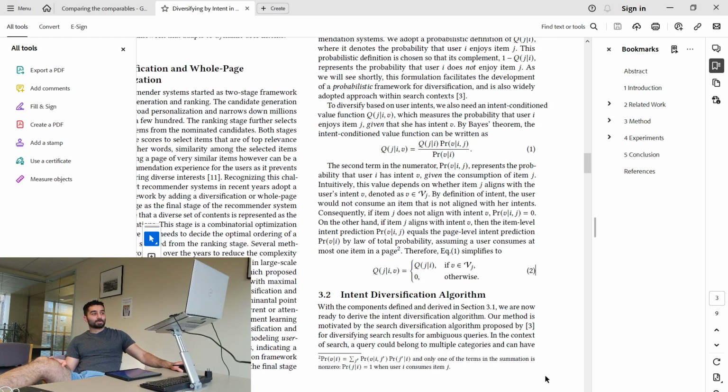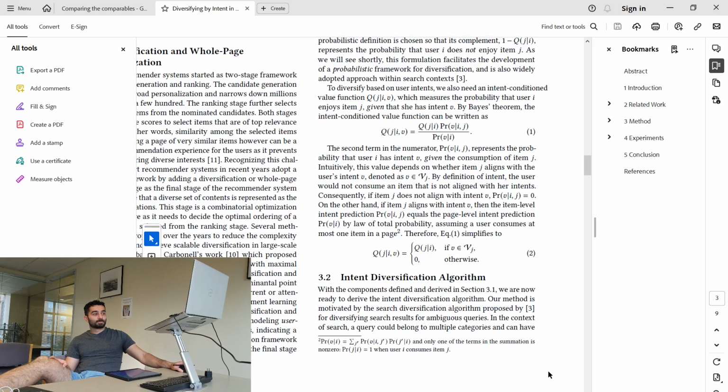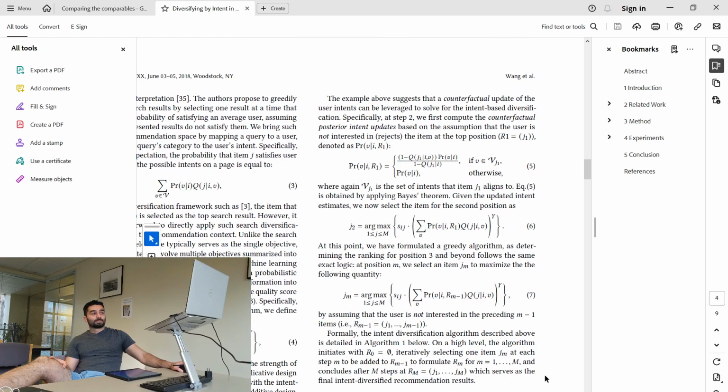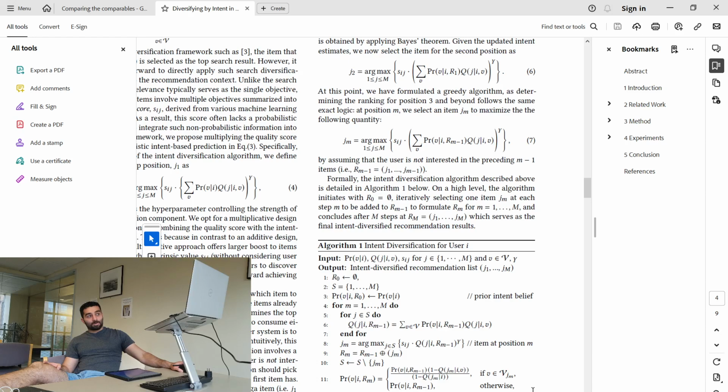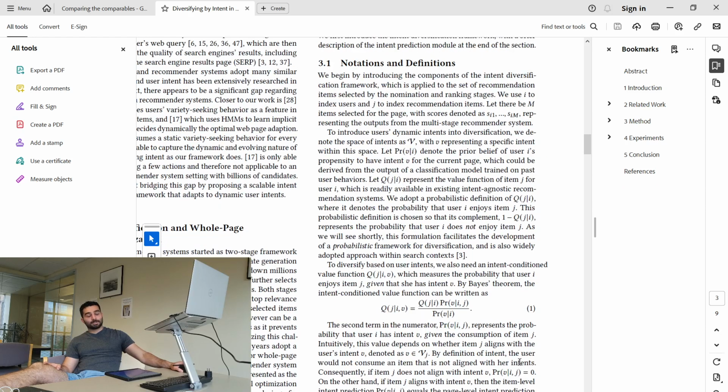Then they have their algorithm. Okay, I think they are wrong on this, but still it's a good paper.